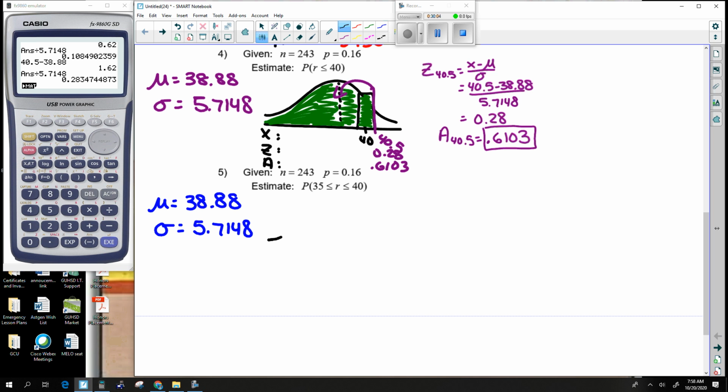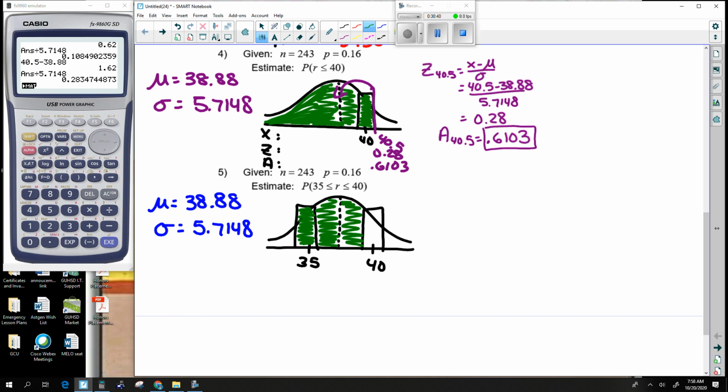And here is the problem that we are asked to figure out. All right, so we have this number of 35, and we have this number of 40. What we're trying to figure out is R is between 35 and 40. So R is bigger than the 35, and it's less than the 40. In this situation, it is or equal to the 35, so I shade the 35 box.